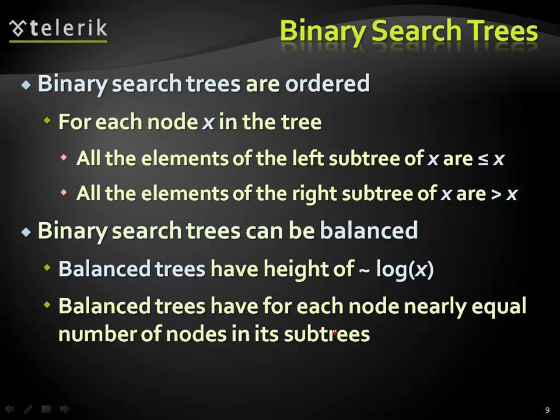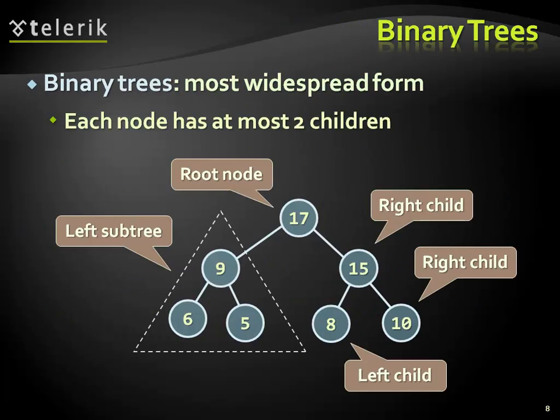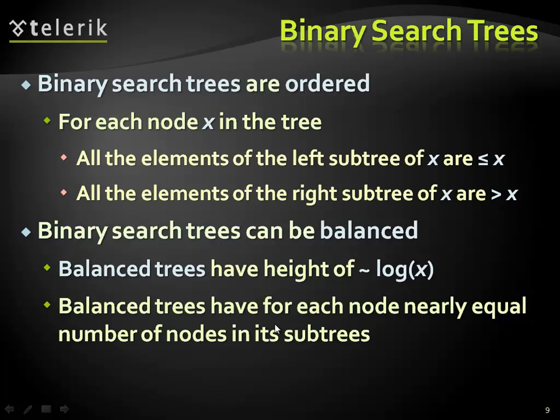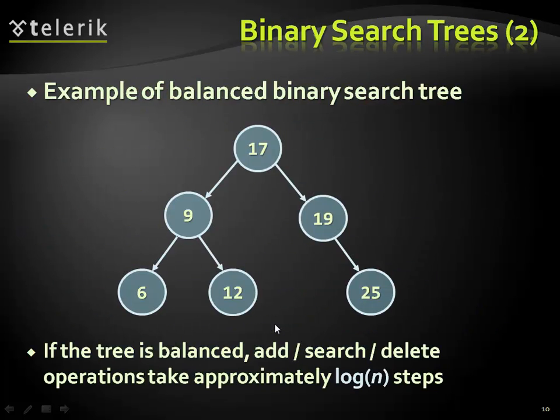Each subtree has an equal number of nodes to the nodes of its sibling subtree, meaning that in this tree, this subtree has the same number of nodes as this subtree, or nearly the same, plus minus 1, for example. Okay, so this is an example of a balanced binary search tree.